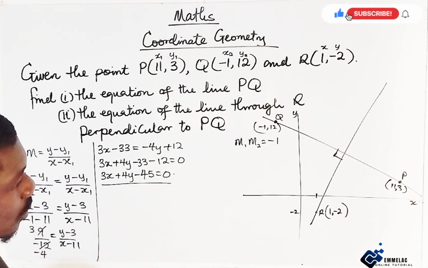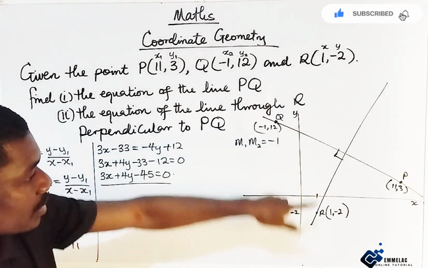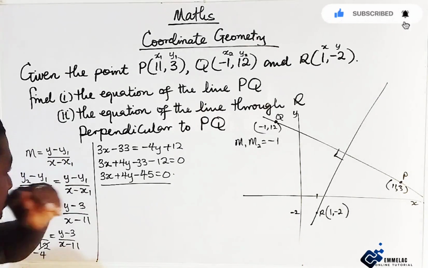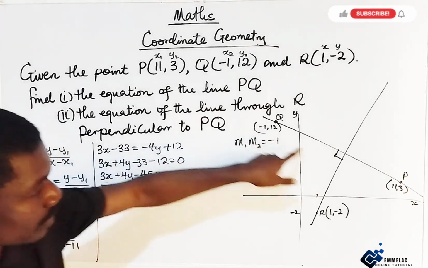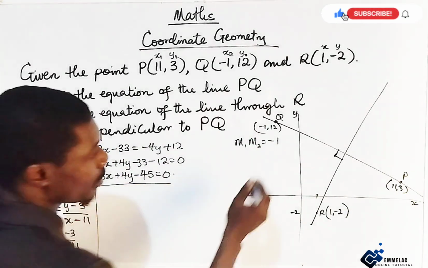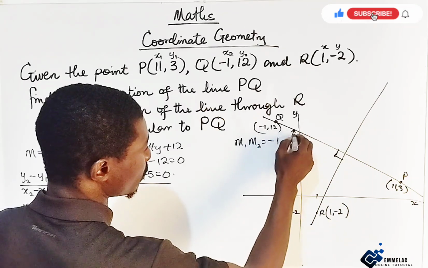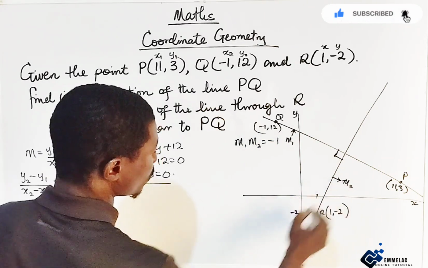So let us find the gradient for this line. By so doing, let us make this one m1, and this is m2.